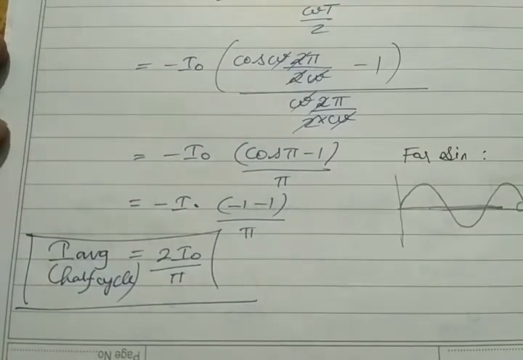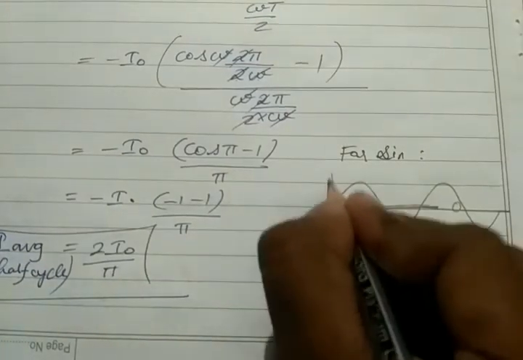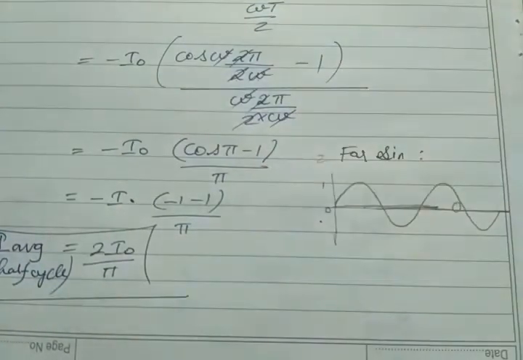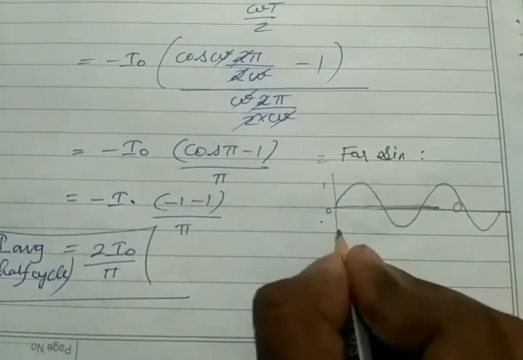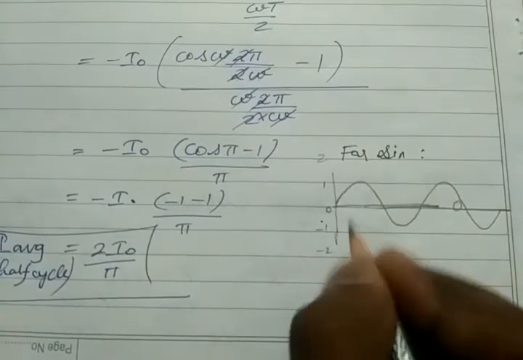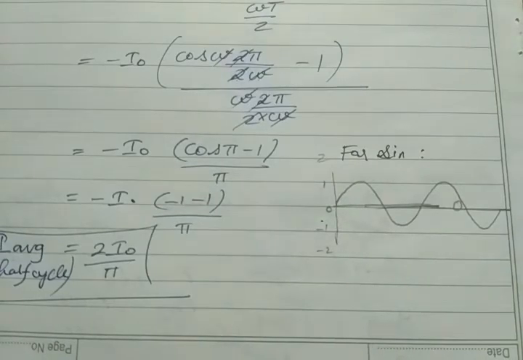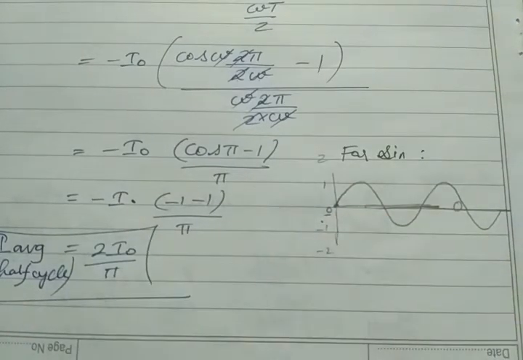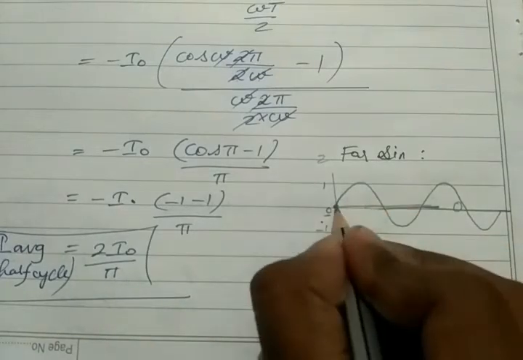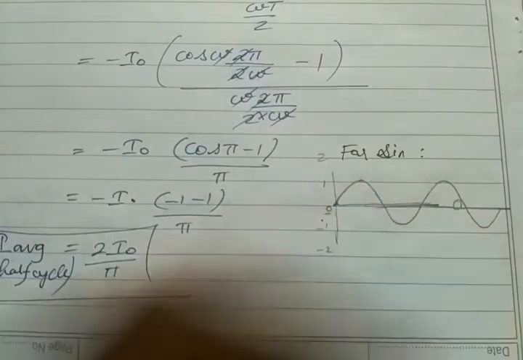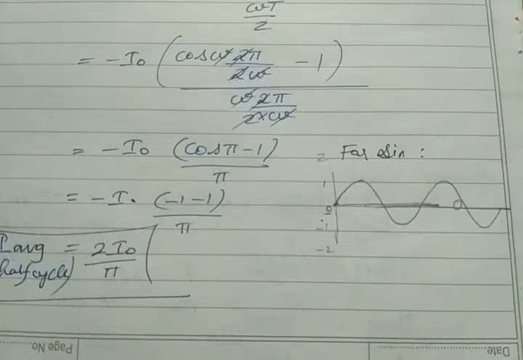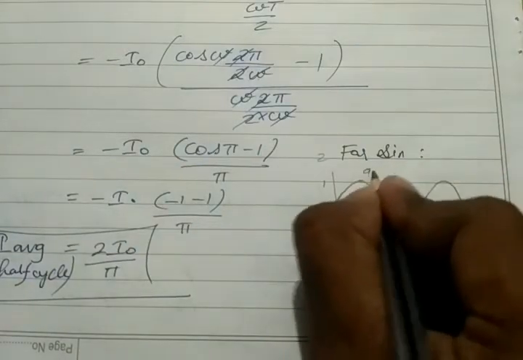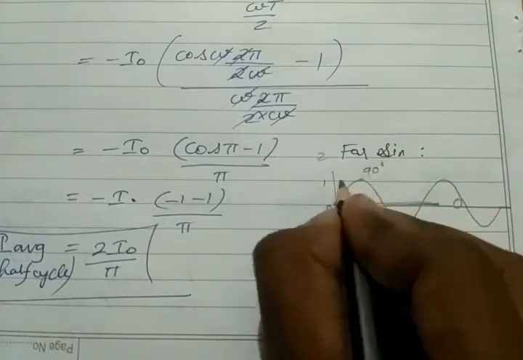For sin 0, here we have value 0, plus 1, 2, it goes on like that. Here we have 0 and minus 1, minus 2, it goes like that. So for sin 0 we already know the value will be 0. It starts here. Then it goes to the positive half cycle. This is the maximum value, and maximum value means sin 90. So here we have sin 90 degrees. For sin 90 degrees, the value will be 1.